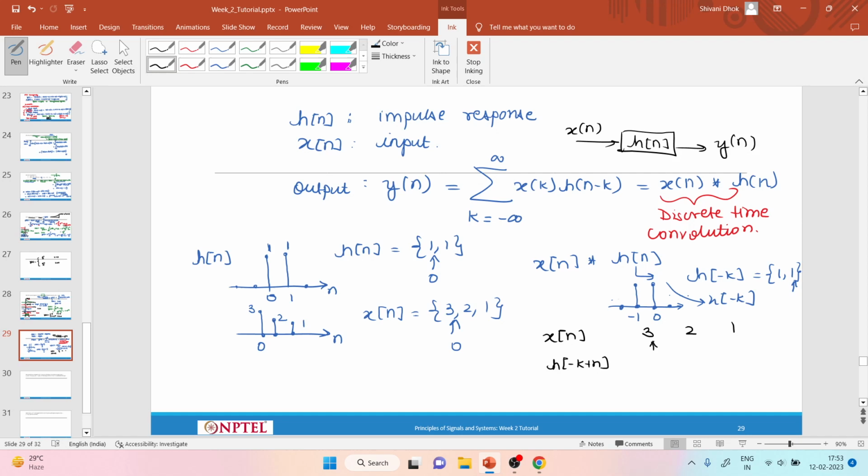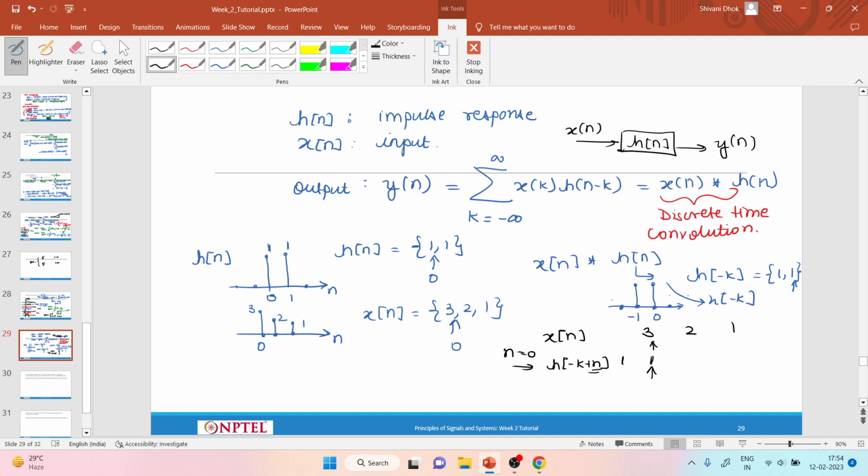If we look at n equal to 0, it is something like this. Now if I observe the shifts, for all the negative shifts of my h of n there won't be any overlap, and therefore for all values of n less than 0 the convolution will be 0.